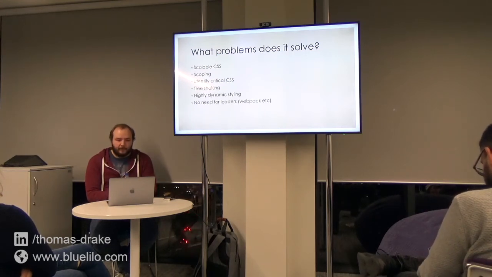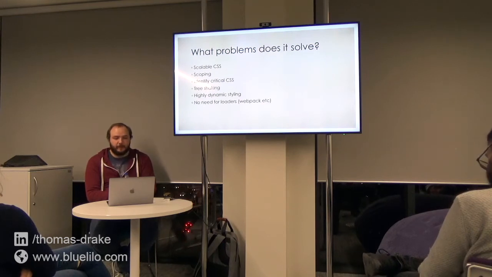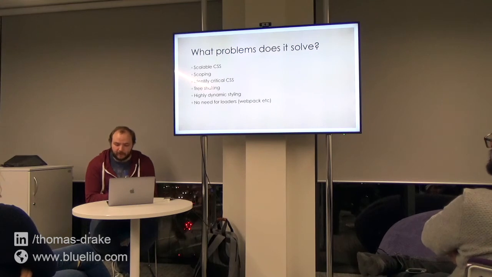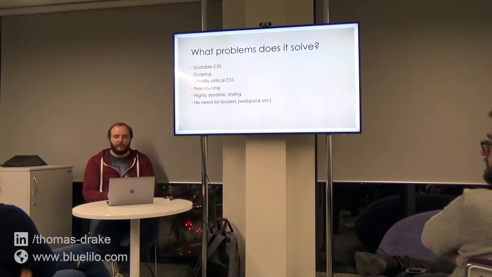It can be quite hard. Whereas with scoping, which is the next point, you can tie your components to just an interface at the component level, rather than relying on a style sheet somewhere that you've just got a bunch of class names from.